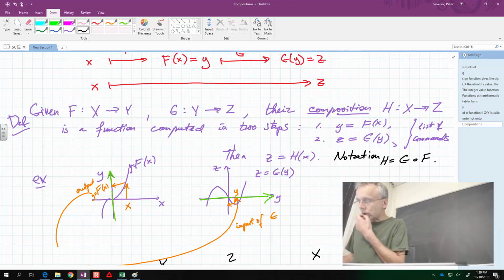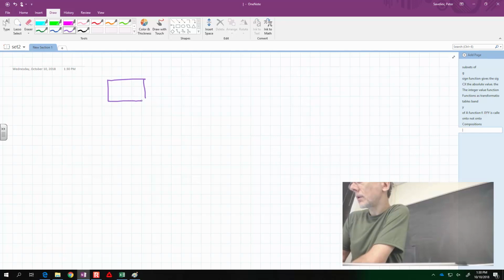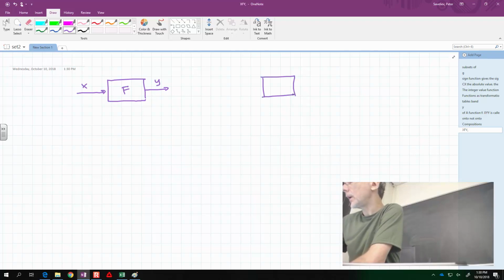Okay, so we set aside transformations. We'll come back to them many times, but one of the most common ways of thinking of functions is as black boxes. So we have diagrams: x is the input into f, and the output is y. Over here we have function g, input y, output z.